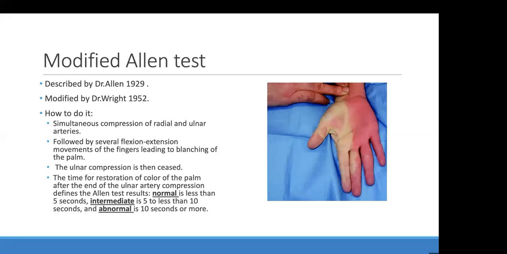Less than 5 seconds, it's normal for return to a complete red hand. 5 to 10 seconds, the patient takes a longer time for the blood to come back, which proves that there's a good palmar arch collateral circulation that can provide the thumb in case of radial artery occlusion.